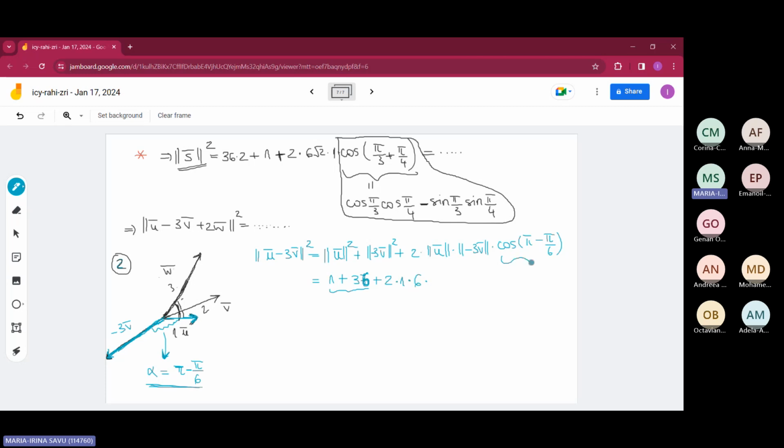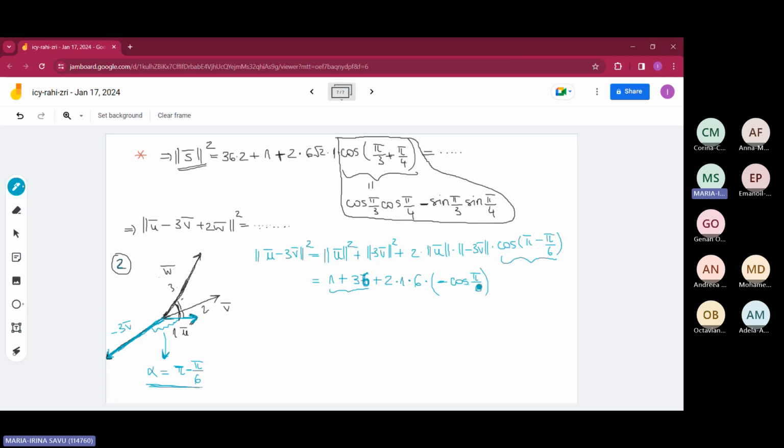minus cosine of pi over 6, because this is cosine of pi times cosine of this one, and cosine of pi is minus 1, plus sine of pi times sine of this one, and sine of pi is 0.